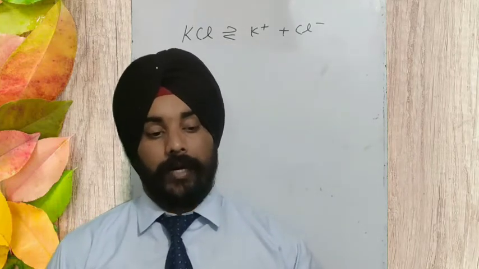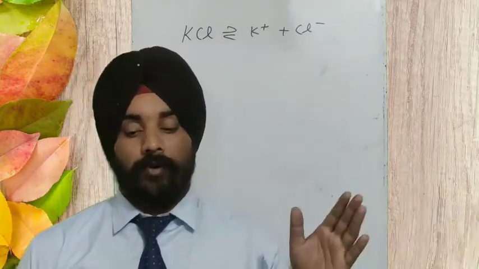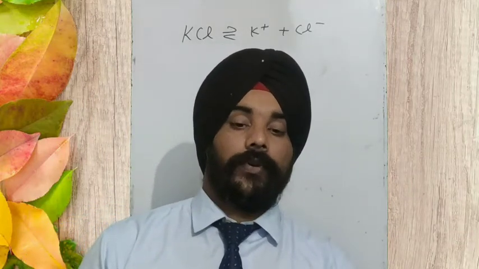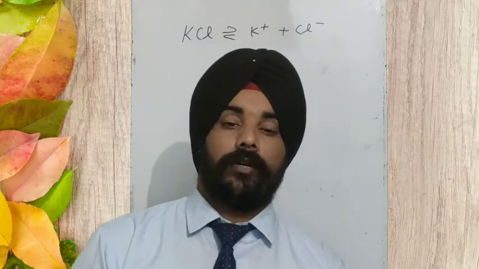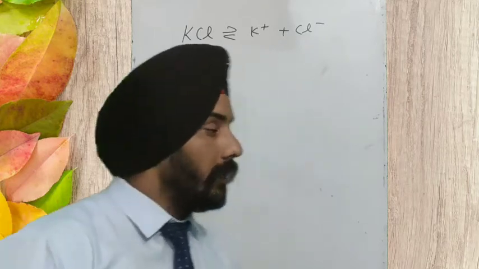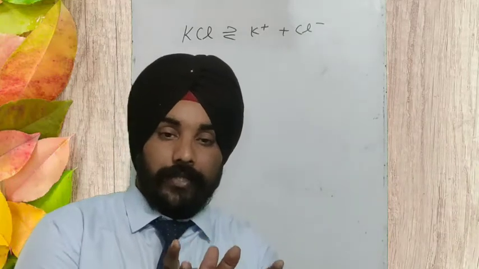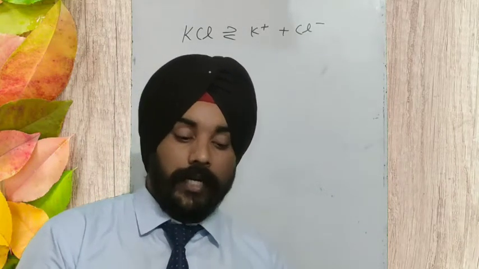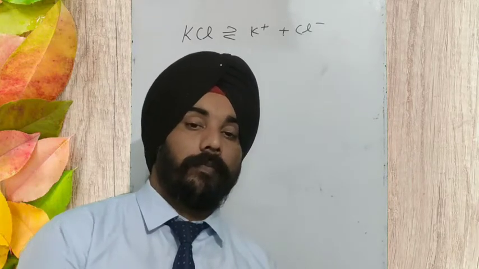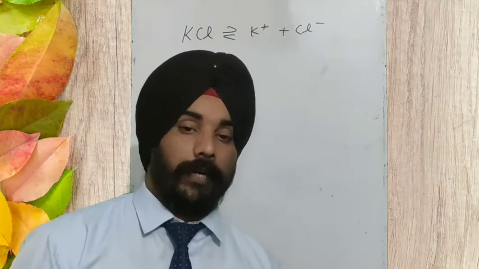Many times I explained elevation of boiling point, depression of freezing point, osmotic pressure, and relative lowering of vapor pressure. Colligative properties are those which depend upon the number of solute particles. More correctly, we say the number of moles of solute particles.